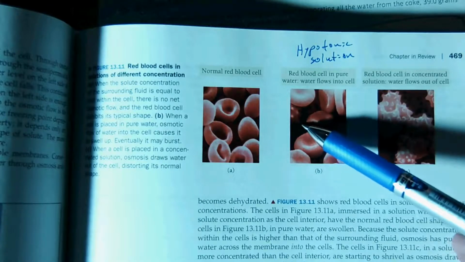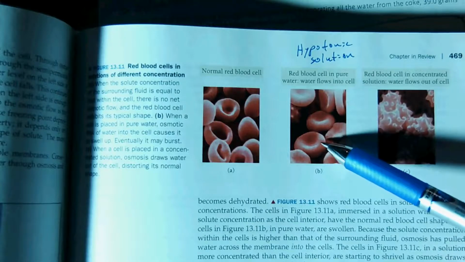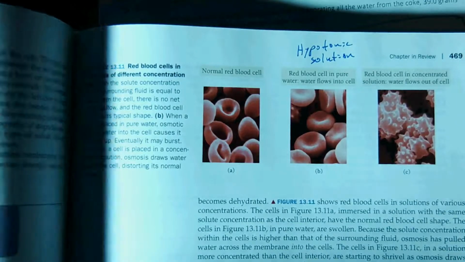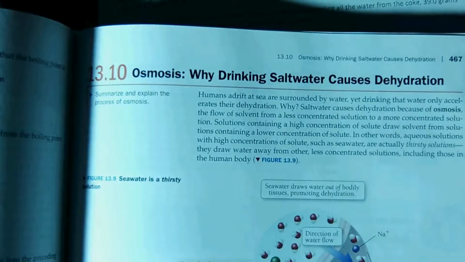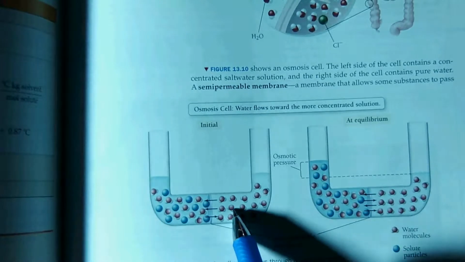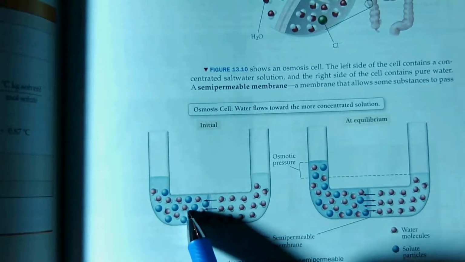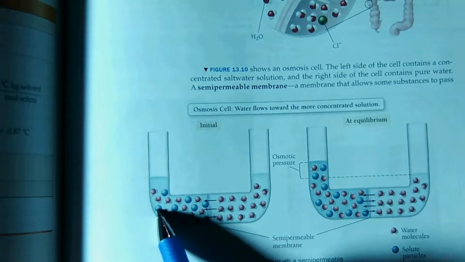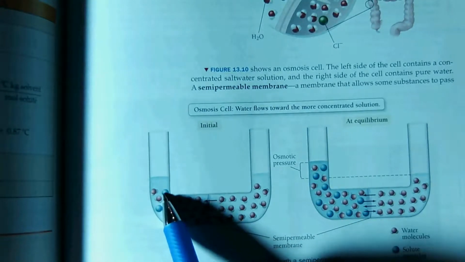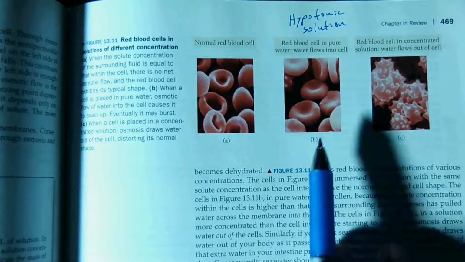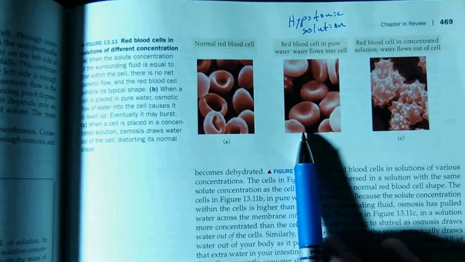Oh, water's going to flow into the cell, essentially trying to dilute that stuff out, just like in this picture. The water wants to flow this way, trying to dilute out those solute particles. So water flows into the cell, and the cells will puff up, and they won't function properly.